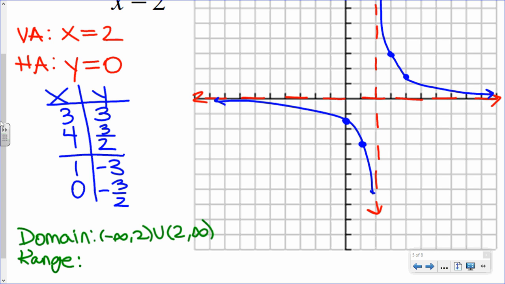Negative infinity. To what? Well, let's look at the graph. Don't worry about the equation. Let's just focus on the graph. Okay? Where do we have y values, or where do we not have y values?